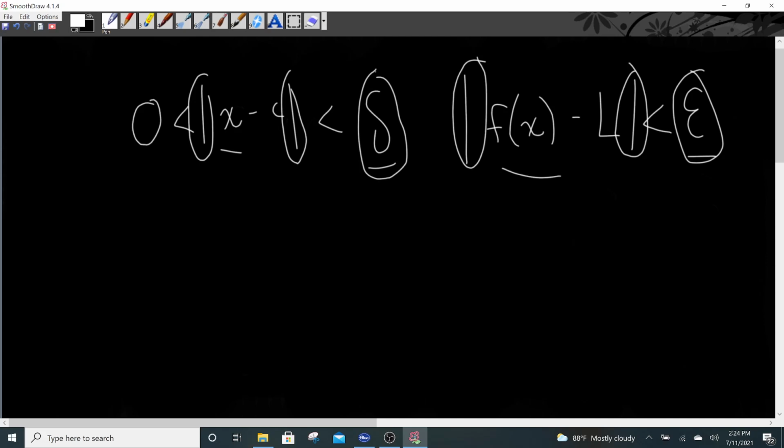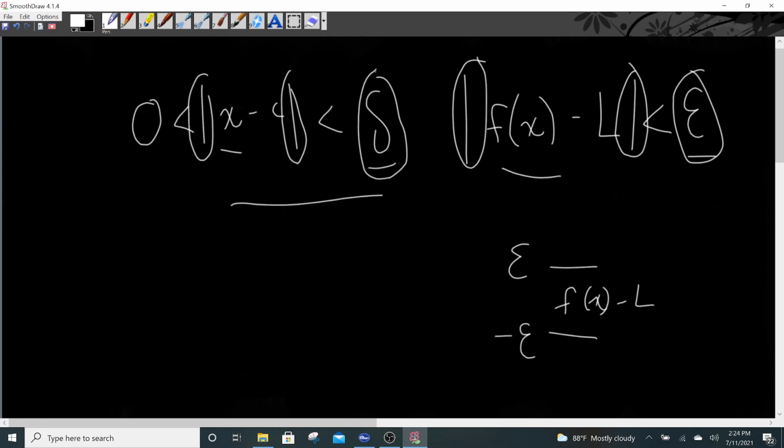I'll start with f of x minus L is less than epsilon because I think that might be easier to illustrate. We know that epsilon and negative epsilon are values that f of x minus L is bounded between. So this is a range.